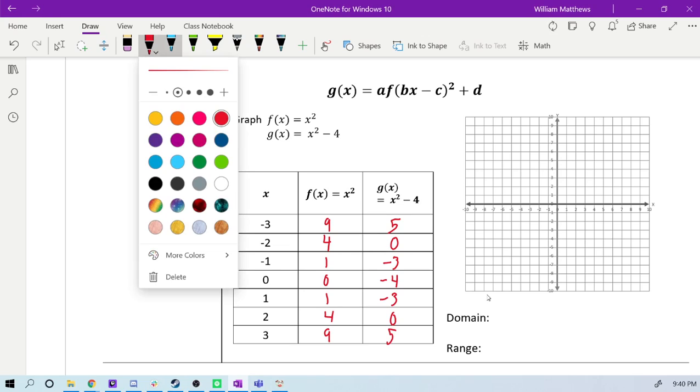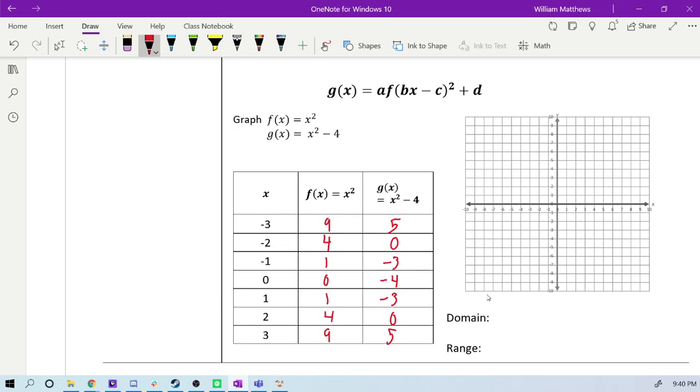So if I were to draw the parent function, or not the parent function, our new function g of x, at an x value negative 3, we would go up to 5. X value of negative 2, we go to 0.